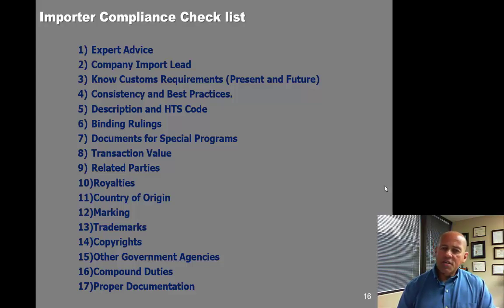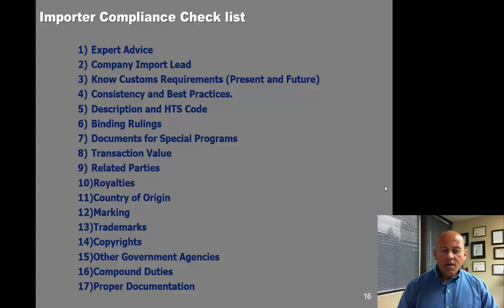Markings, trademarks, and copyrights. Again, country of origin marking is where the goods originated from, where they got their essential character, and not necessarily where they shipped from. Other government agencies. Again, the U.S. Customs enforces all the different government agencies, so it's important to understand what your requirements are not only from a customs standpoint, but from any other government agency that may have regulations that cover your product.